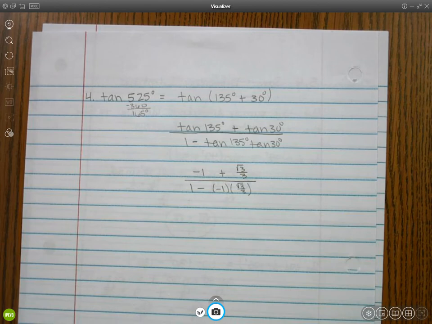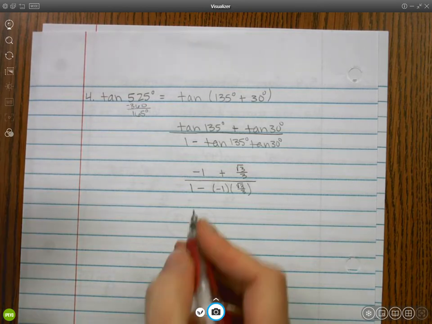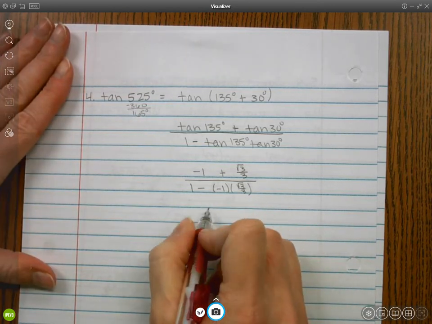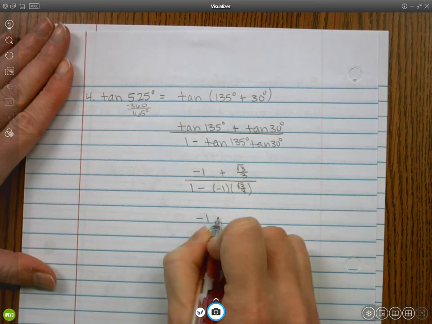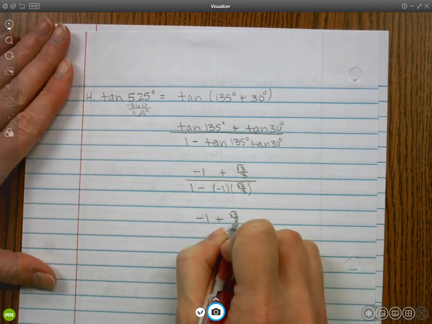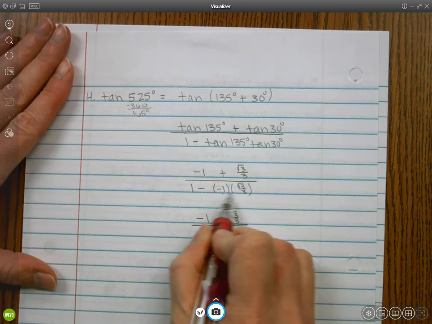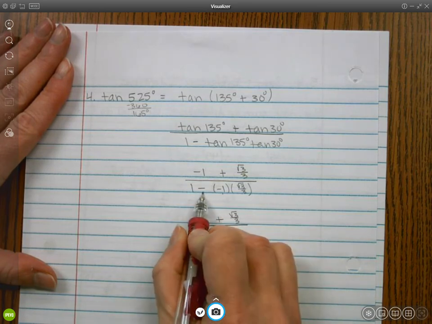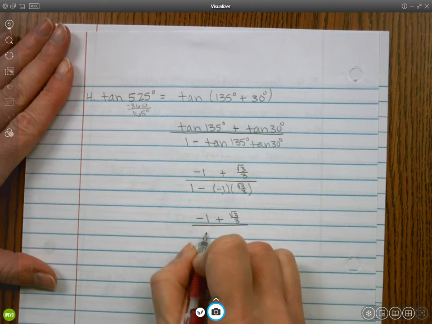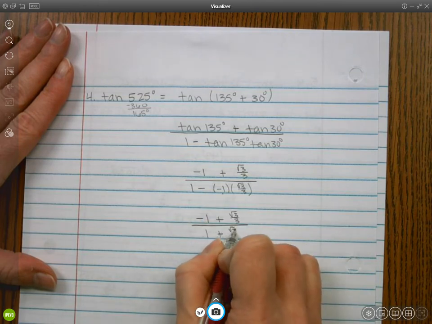All right, so the hardest part about all of this is that you have to deal with radicals and fractions, and yuck. First of all, I'm just going to simplify it to -1 plus root 3 over 3. And then this is going to give me a negative, and a negative and a negative makes it a positive, so it'll be 1 plus root 3 over 3.